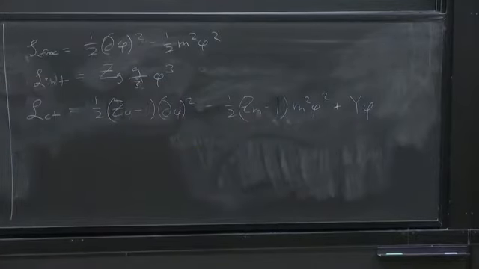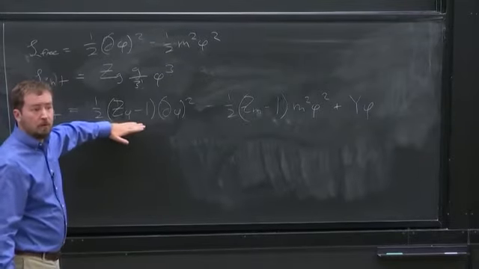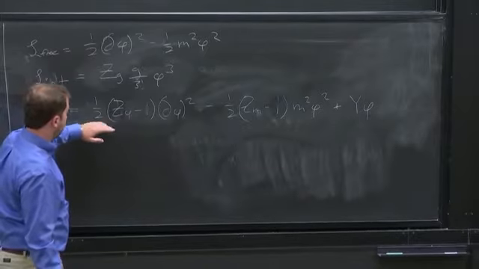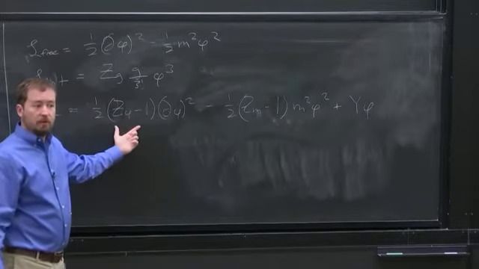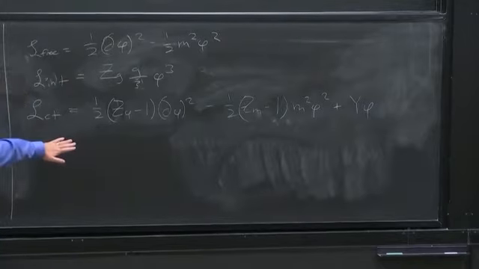So in order to make predictions, in order to connect this theory to experiment, we need to find some constraints on these parameters. Or another way to think about it is to find some relationships between these parameters and experiments. So that's what we're going to do today.